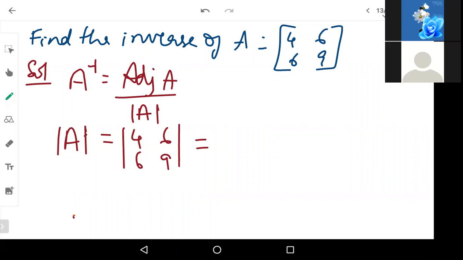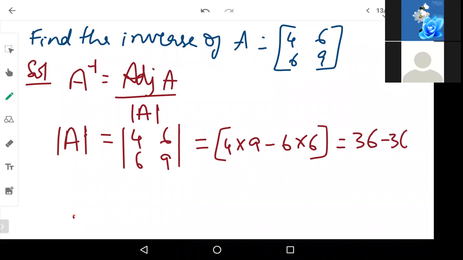What will happen? 4 into 9 minus 6 into 6. So 36 minus 36 is equal to 0. So therefore determinant A value is equal to 0. Yeah, we get determinant A is 0. So we can't proceed.